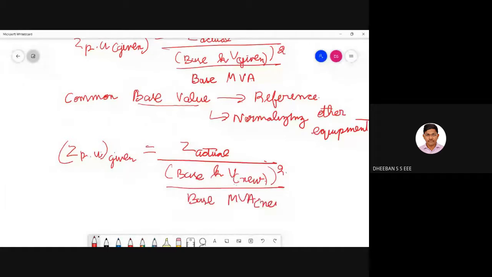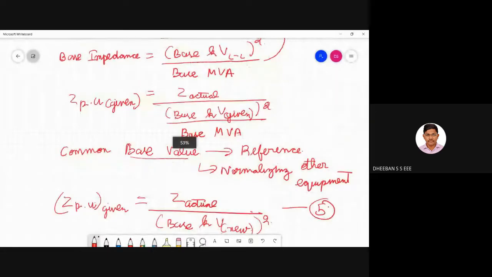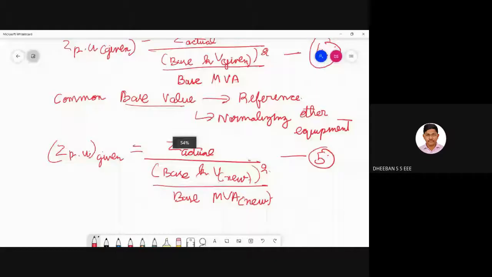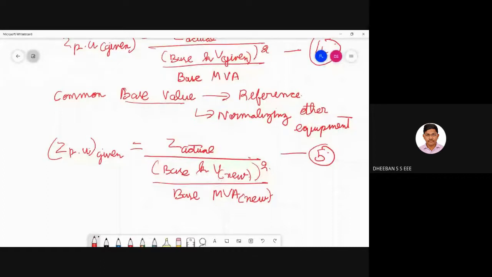And you can take this as your fifth equation, and you can take this as your fourth equation. Here it will be new, because it is a new value.